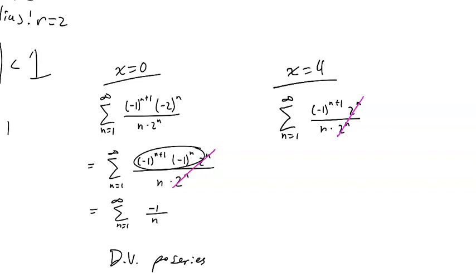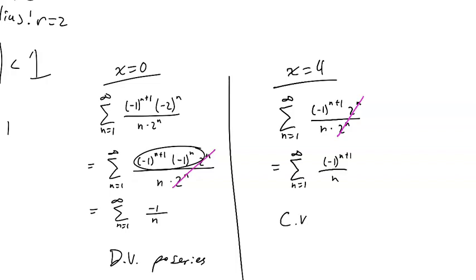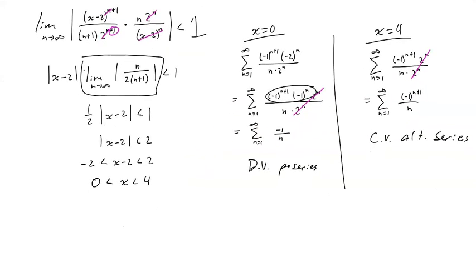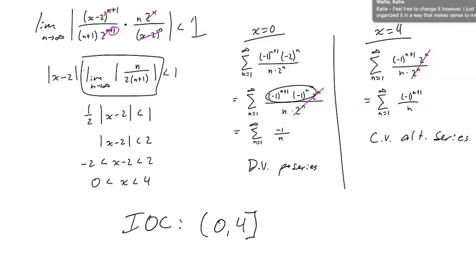So this becomes (negative 1)^(n+1) over n, which is a convergent alternating series. So what that means for us, since 0 diverges and 4 converges, my interval of convergence is 0 to positive 4, where 4 is inclusive.